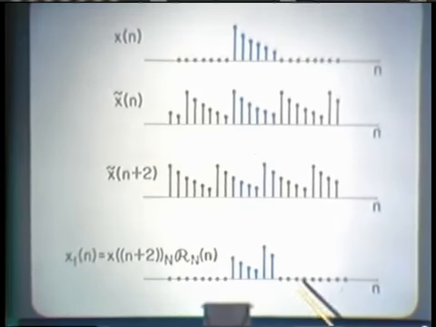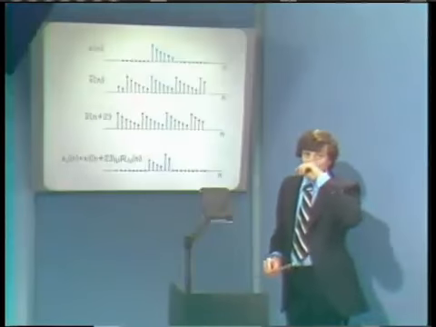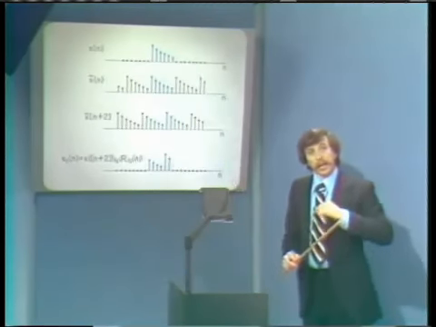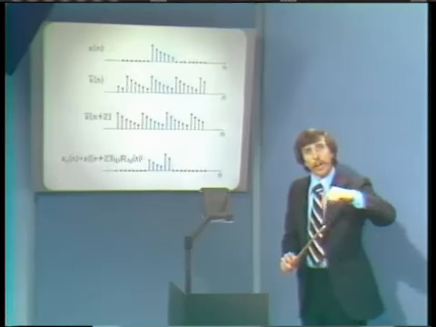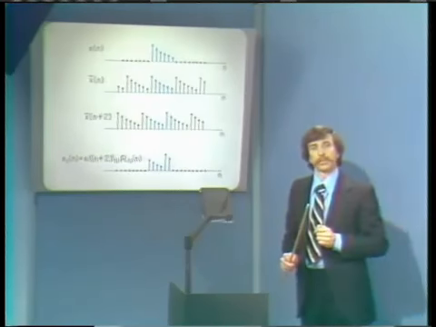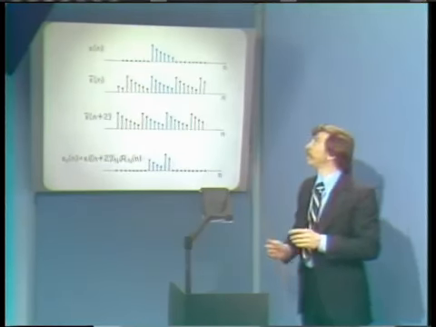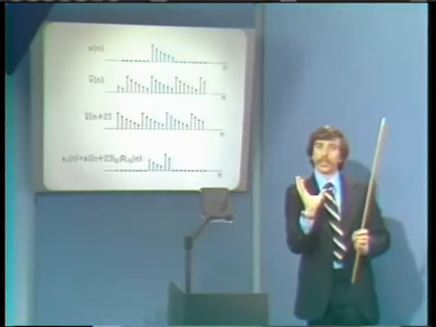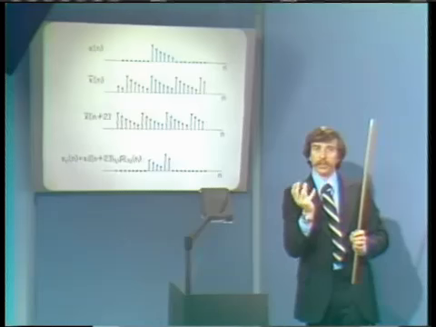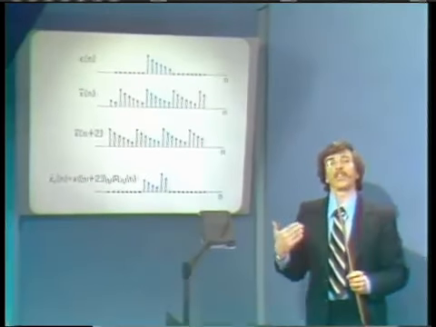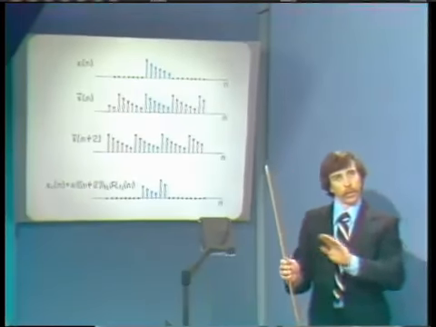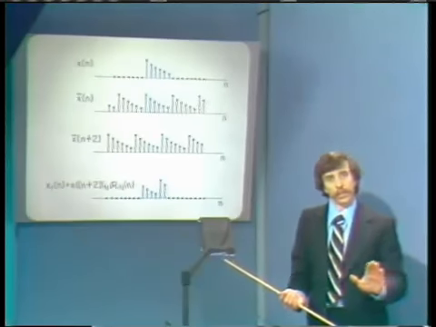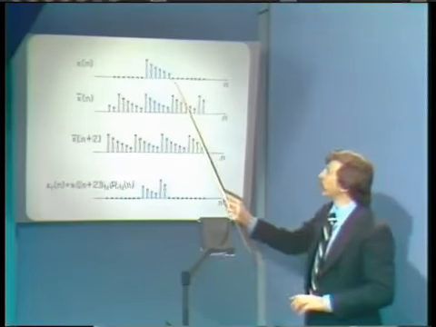Now, one way to look at this is to think of x of n, again, as we've been trying to do, wrapped around the circumference of a cylinder. And what we've done in the kind of shift that we're talking about here is just simply rotated the cylinder by 2 points, rather than the usual kind of linear shift where we have the sequence stretched out in a straight line and we shift the sequence linearly. Here we have a circular shift.